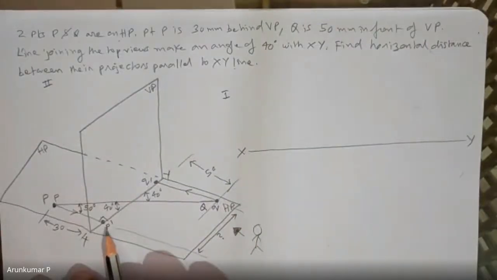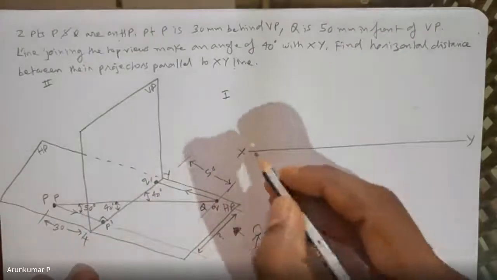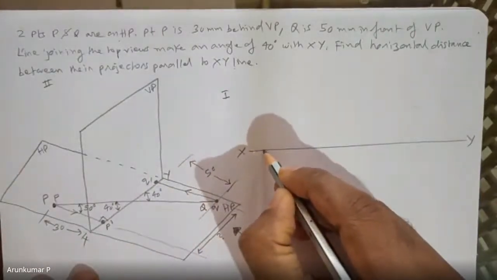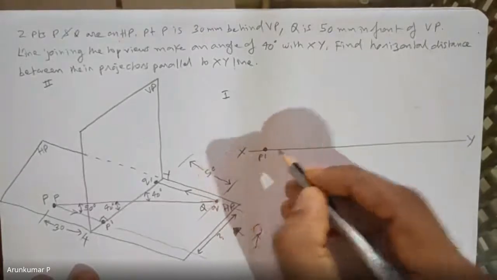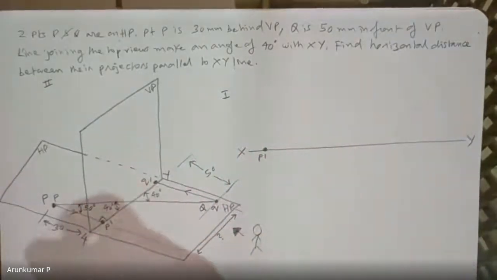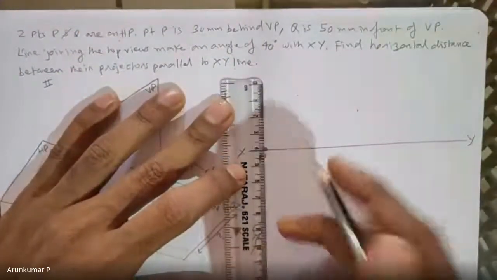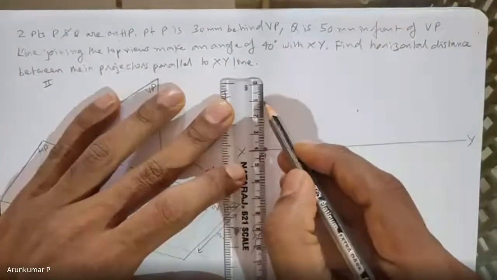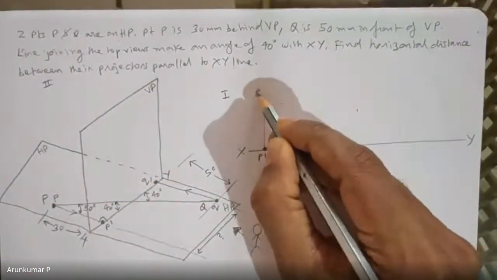Now start from the left side, locate P dash and P, the front and top view of P. So P dash is on XY line. So you can draw P dash here. P is 30 mm above XY line. So 30 mm above, you can locate P. This is the top view.